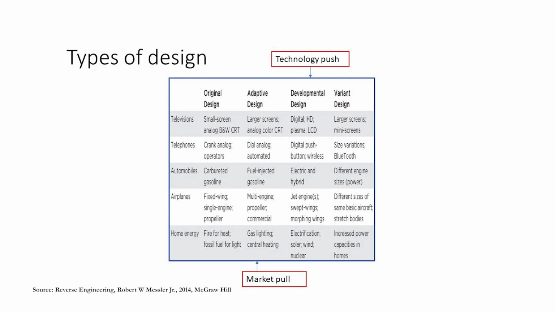This was adapted to create larger screens, analog color cathode ray tubes, and then it was further adapted to create this developmental design. Adaptive just adapts the original design, and developmental really brings in a step jump. So, there is a technology push.